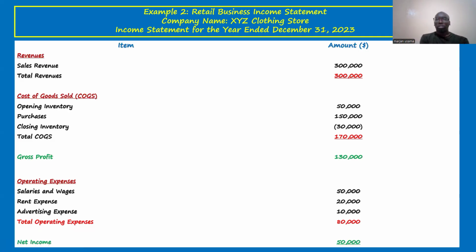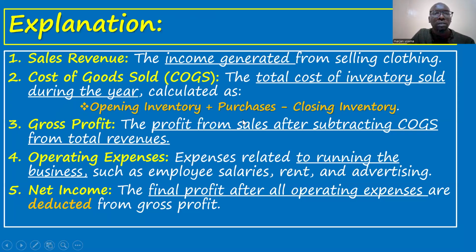So that is how you go about it. And this is now the explanation of everything that has been happening. The sales revenue is the income generated. Cost of goods sold is the total cost of inventory sold during the year, calculated as opening inventory plus purchases minus closing inventory.